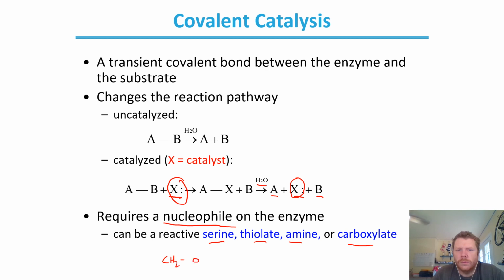CH2OH. Carboxylate, well, you've got aspartic acid or glutamic acid. CH2 here, okay. So yeah, you have to have a nucleophile in order for that reaction to take place.